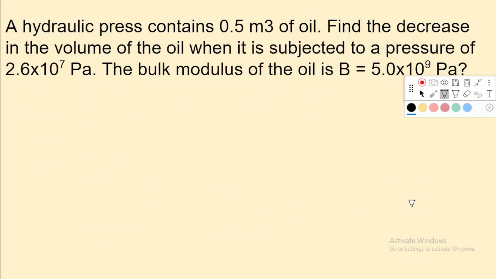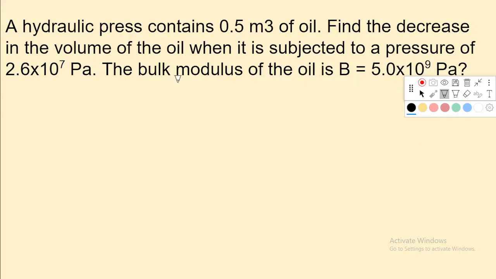The next one. A hydraulic press contains 0.5 meter cube of oil. Find the decrease in the volume of the oil when it is subjected to a pressure of 2.6 into 10 raised to 7 Pascal. The bulk modulus of the oil is B is equal to 5 into 10 raised to 9 Pascal.